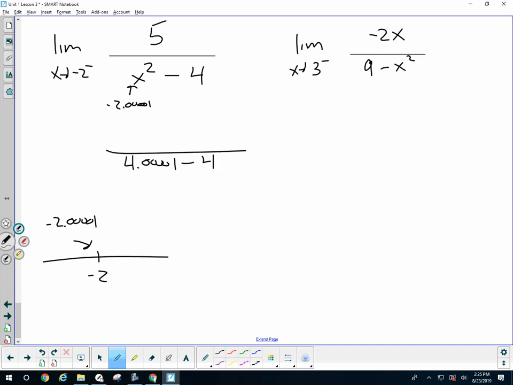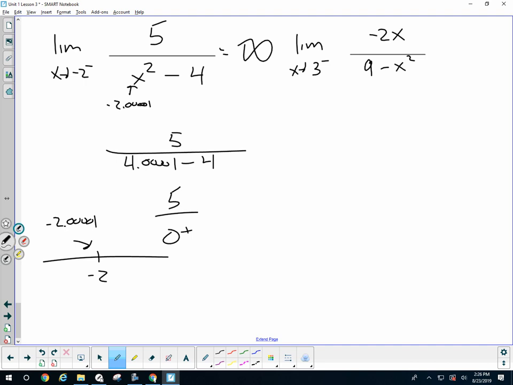Is it exactly 4.00001? No, I don't know, but I do know it's going to be bigger than 4 because -2 times -2 is 4, but if I add a little bit more and multiply by itself, it's going to be a little bit bigger than 4. That is telling me that I have a positive number divided by something infinitely small and positive. This will be approaching positive infinity around this asymptote at -2.